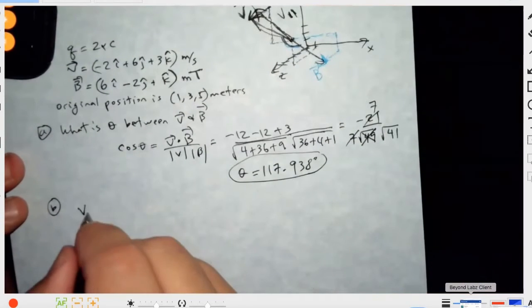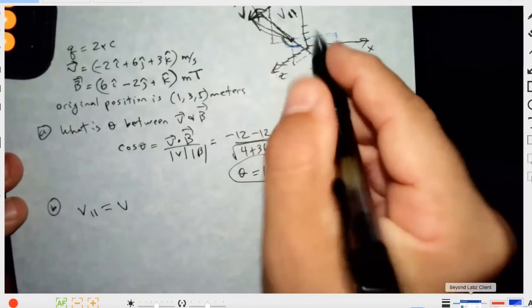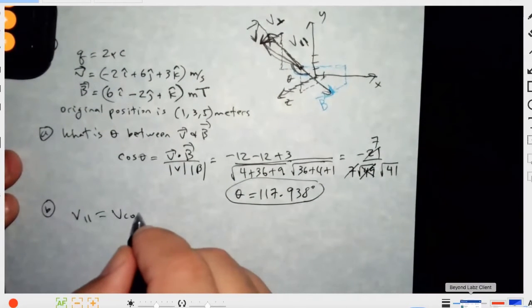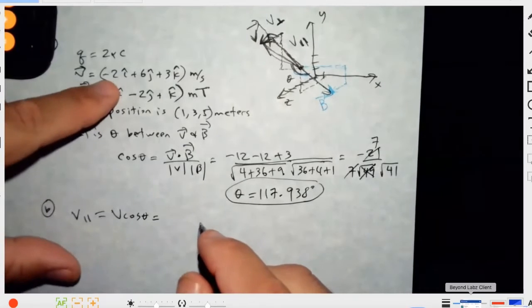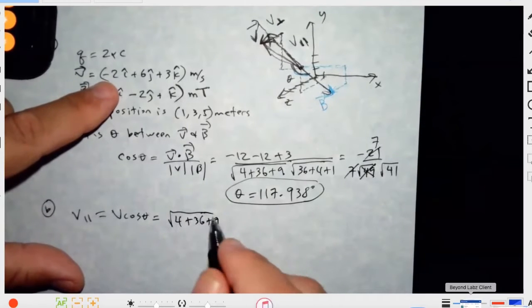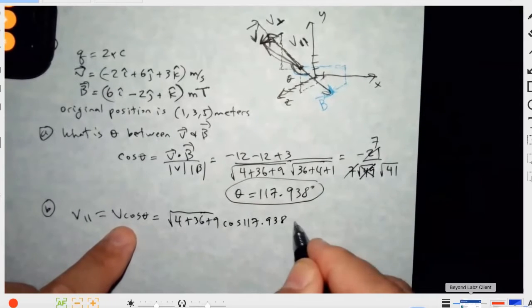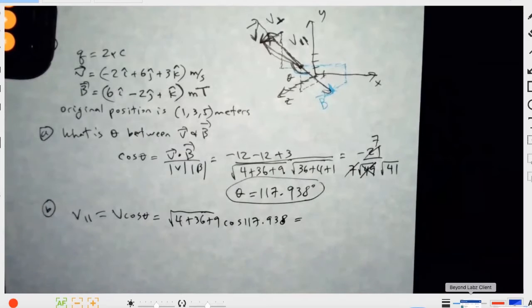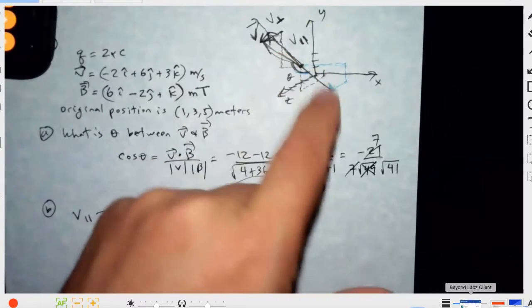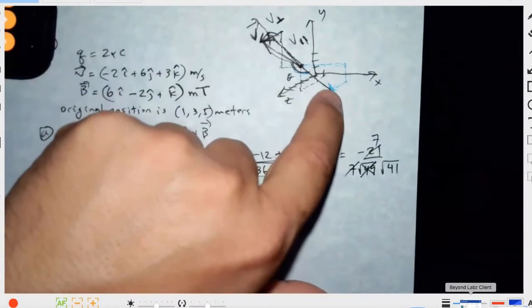Then V parallel is going to be V times cosine of theta. So it's the magnitude, square root of 4 plus 36 plus 9, times cosine of 117.938. Negative means that the projection of V onto B is negative, meaning it's 180 degrees from the magnetic field.